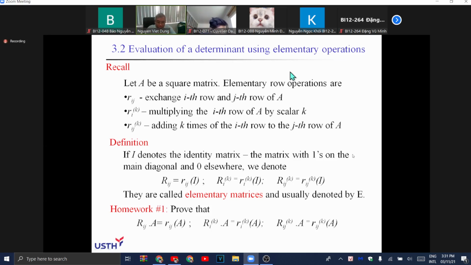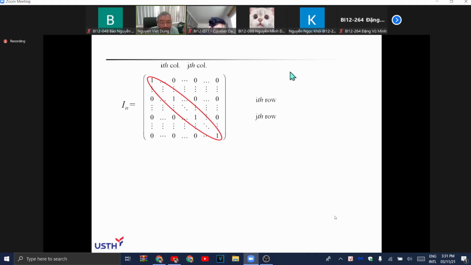And in order to see that, I write it here, but however, it is somewhat easy for you to see. Now I will write down what Aij is, what Ai to the power k is, and what Aij to the power k is. Those are the three elementary matrices. First, the identity matrix is here, and I pay attention to the 1 here and 1 here. Those are the entries lying in the I's row, I's column, and J's row, J's column.